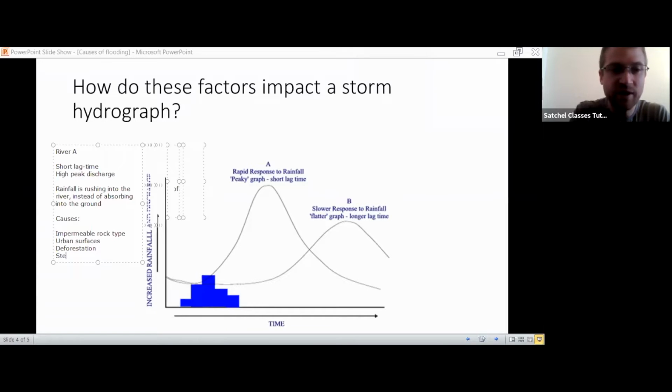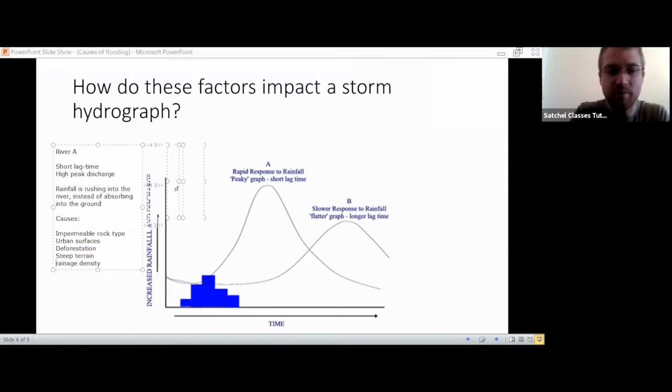We might have steep terrain, which rushes the water down according to gravity, into the river at a faster rate, and it infiltrates less into the soil. And then our final cause that will lead to that steep, flashy discharge line is our drainage density.